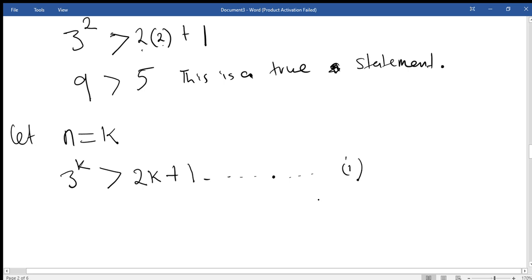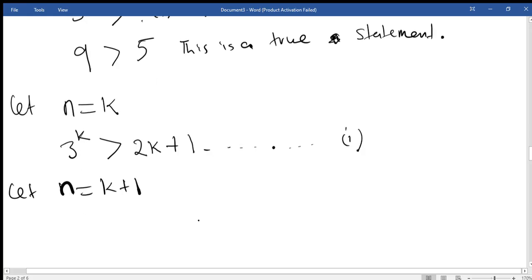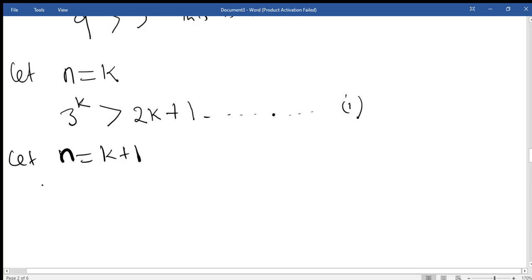And then next, we will let n be equal to k plus 1. So if I let n equal k plus 1, what is going to happen? I'm going to have 3 to the power k plus 1 greater than 2 multiplied by k plus 1, plus 1.